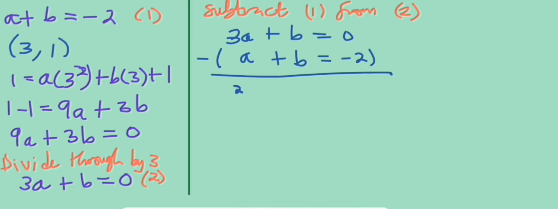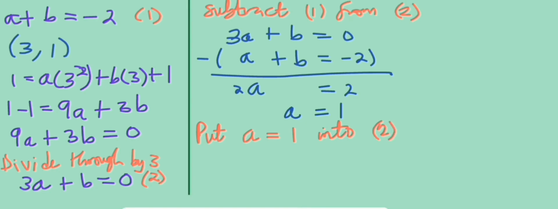This is going to give us 2a equals 2, and dividing both sides by 2, a is 1. So the value of a is plugged into any of the two equations to get the corresponding value of b. And we'll be using equation 2. There, equation 2 is 3a plus b. That's 3 times 1 plus b equals 0. b is going to be negative 3.